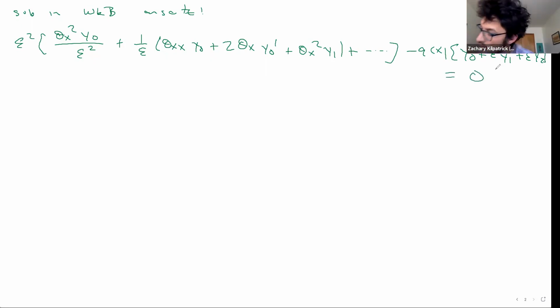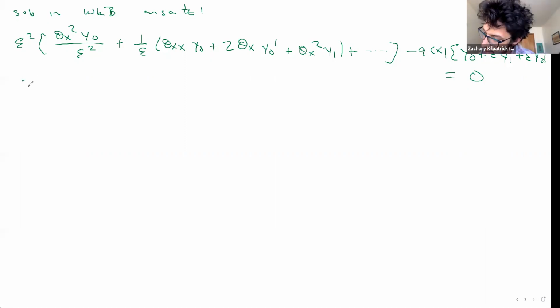Okay, so the terms of next order are going to be our order epsilon squared terms, and those are going to allow us to estimate how much error we're making with this leading order expansion.